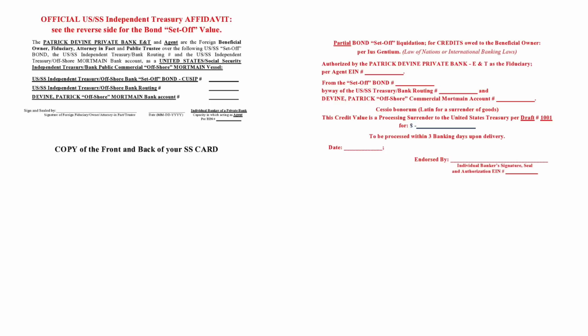So, basically, you're going to send in a copy of your Form 56, your 56S, that cover letter, you're going to have your draft, and you're going to have your affidavit, a document showing that this is your Social Security account.